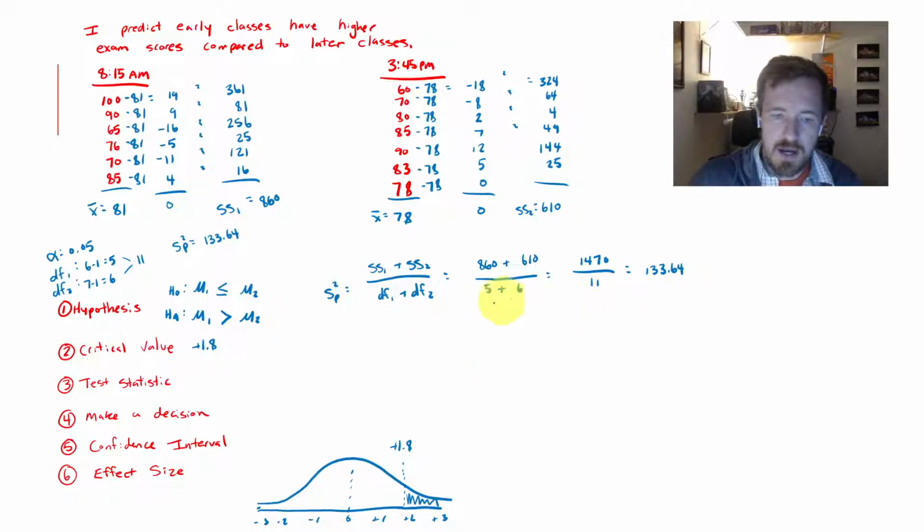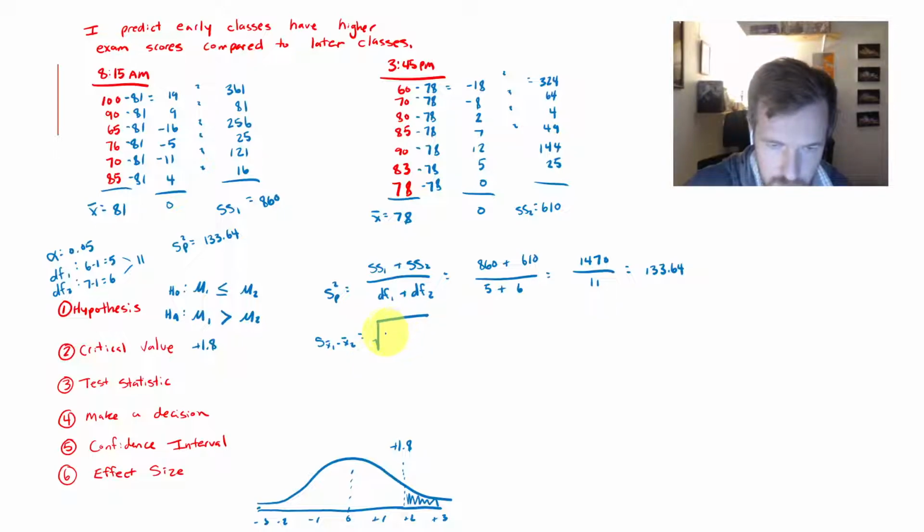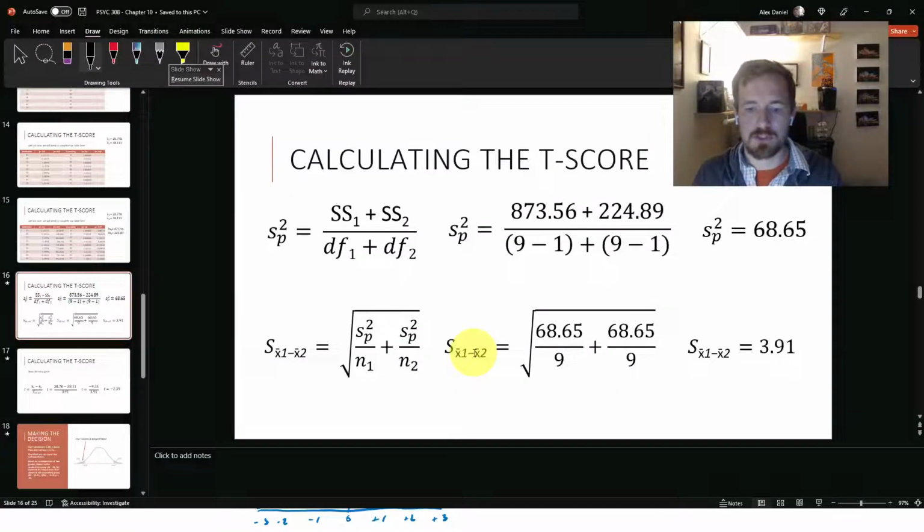All right, now we have another piece because now we want to calculate the standard error, the pooled standard error, and that one is, if I remember correctly, this. And excuse me, I'm just going to double check.